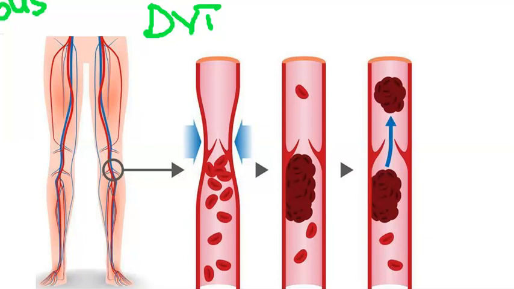This simply occurs when a blood clot forms in deep veins, typically in the legs, and here we have it in the legs. You can zoom in if you want. So it obstructs the blood flow back into the heart. While anyone can be affected with this, certain risk factors such as immobility, surgery, pregnancy, prolonged traveling in planes or in cars, and some certain medical conditions can increase the likelihood of developing DVT.